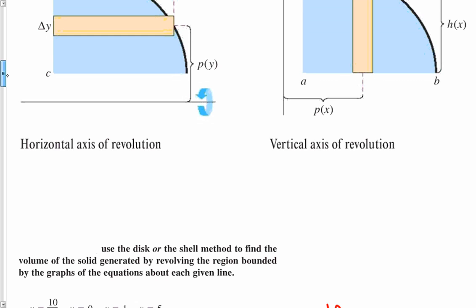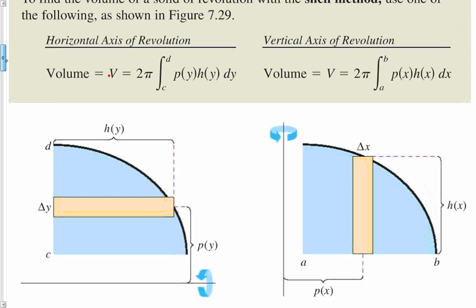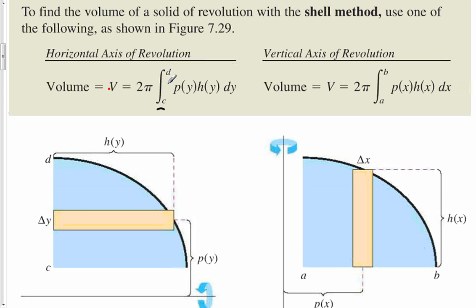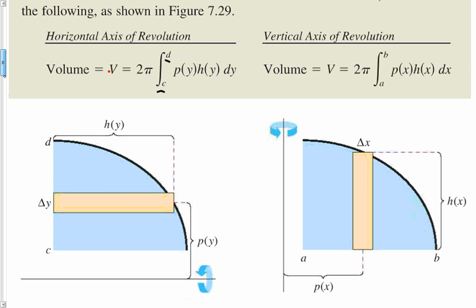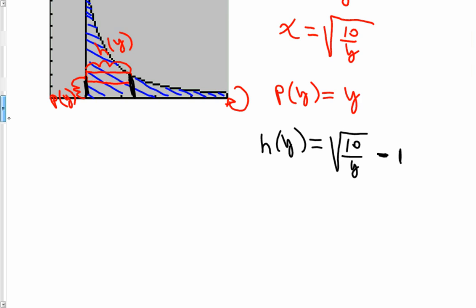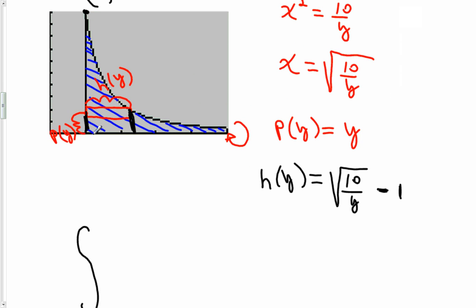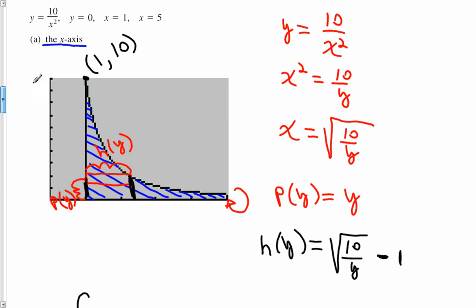So this is how I'm going to set up my integral. The volume is going to be equal to 2 pi, and then I'm going to take y from c to d of py times hy dy. So integrating with respect to y, and y goes from 0, that's where my plane region begins, to 10, that's where my plane region ends.